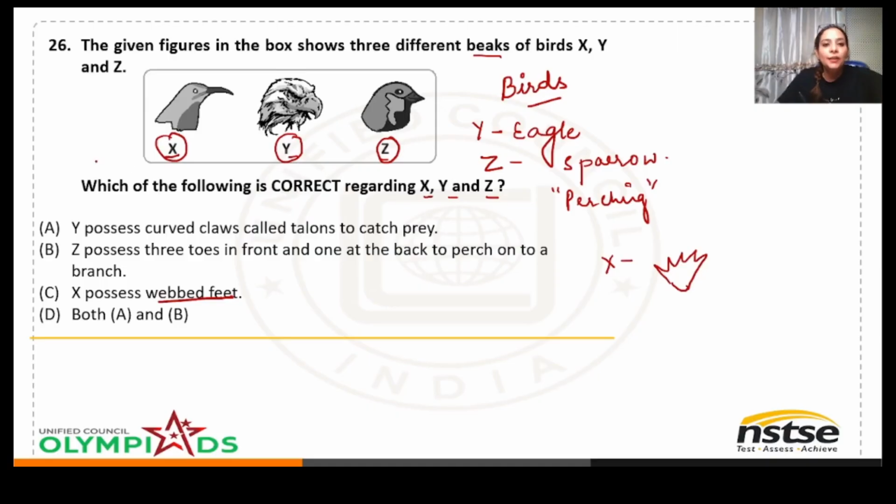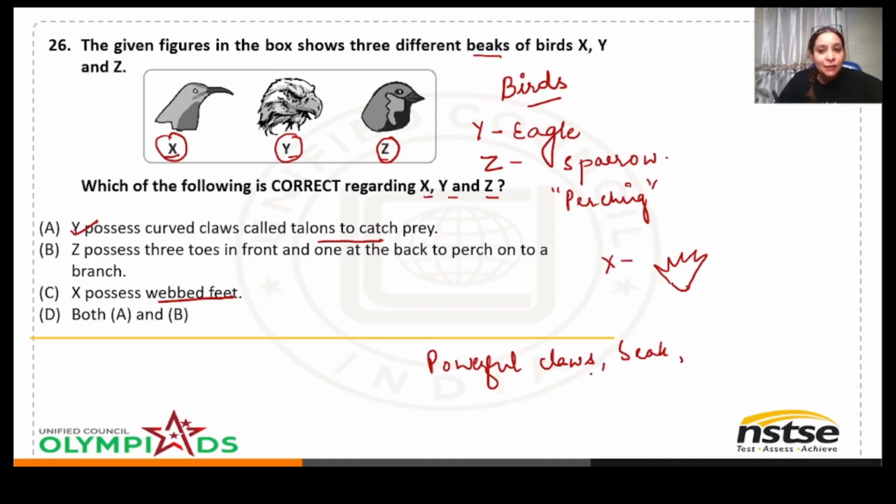Okay. So in response to this, let me tell you that Y possesses curved claws called talons to catch prey is correct. The reason being, we know that eagles are carnivores. They eat other animals, and that is the reason they have powerful claws and a powerful beak even, so that they can hold the prey and eat it well, because it feeds on other birds.